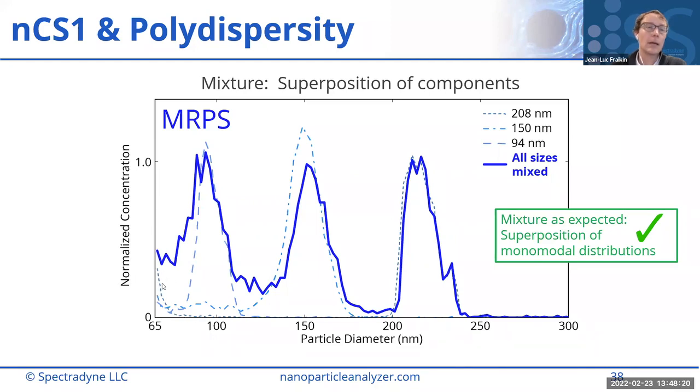Yeah. Okay, yeah, good question. So I mean, 65 nanometers would be the electrical noise floor of this cartridge size. This particular cartridge size spans from about 65 nanometers to about 400 nanometers in diameter. And when you get close to the noise floor, you will start getting some false positives detected there.